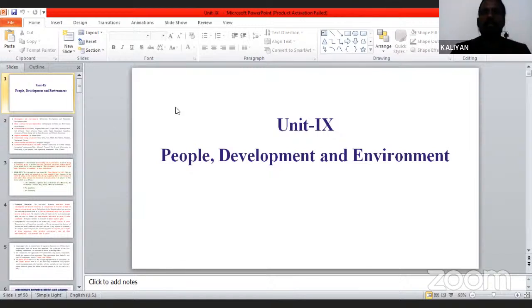Maybe I have not added some acts; when I share the PPT, I will add the Air Pollution Act 1981 and Water Act 1974, and some other Indian acts related to the environment.